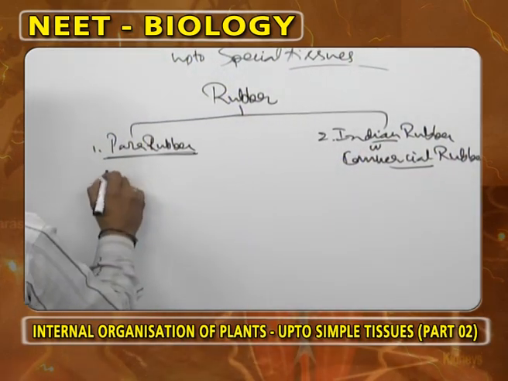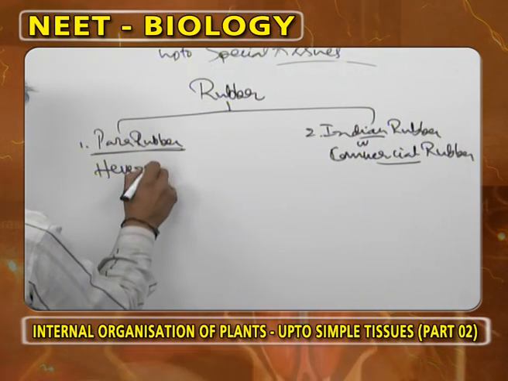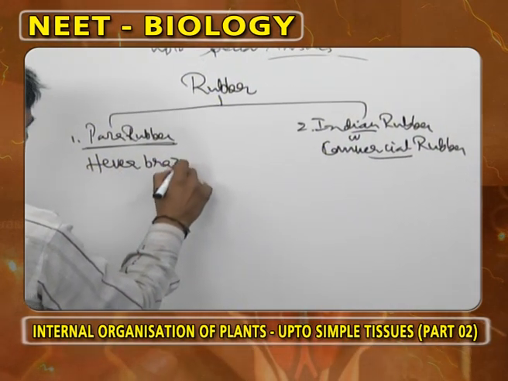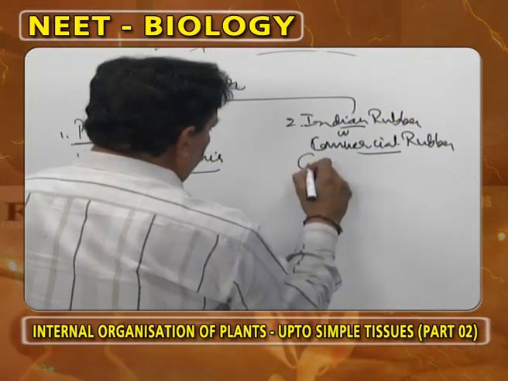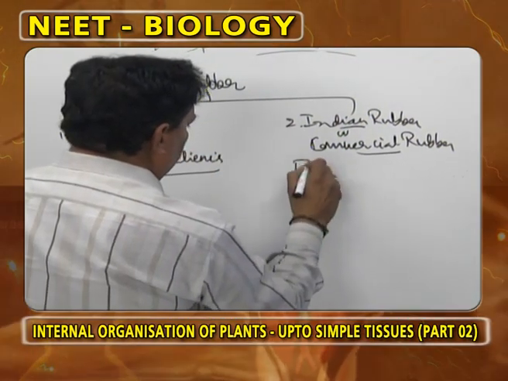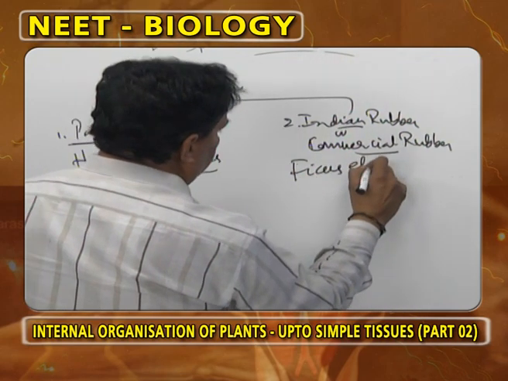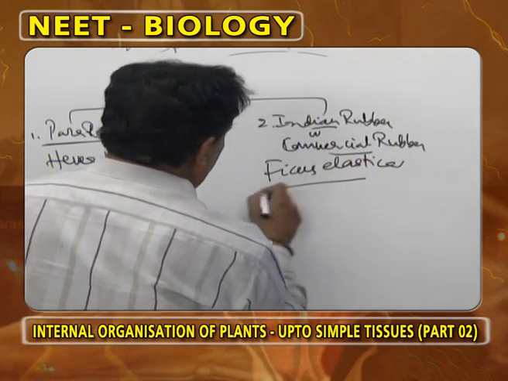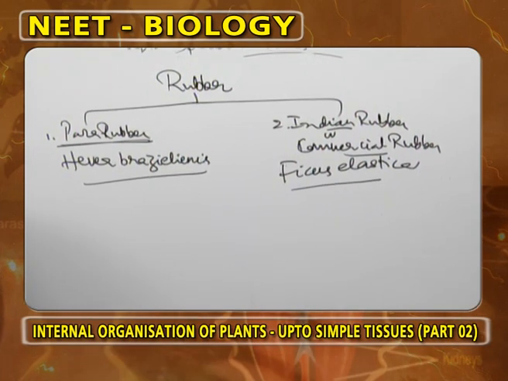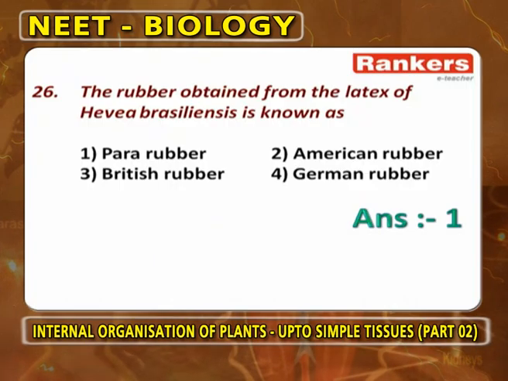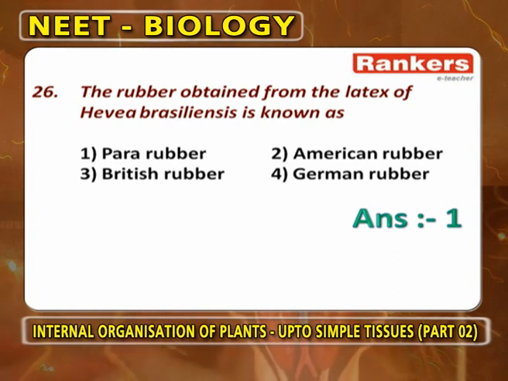Para rubber is obtained from a plant called Hevea brasiliensis. Indian rubber is obtained from a plant called Ficus elastica.